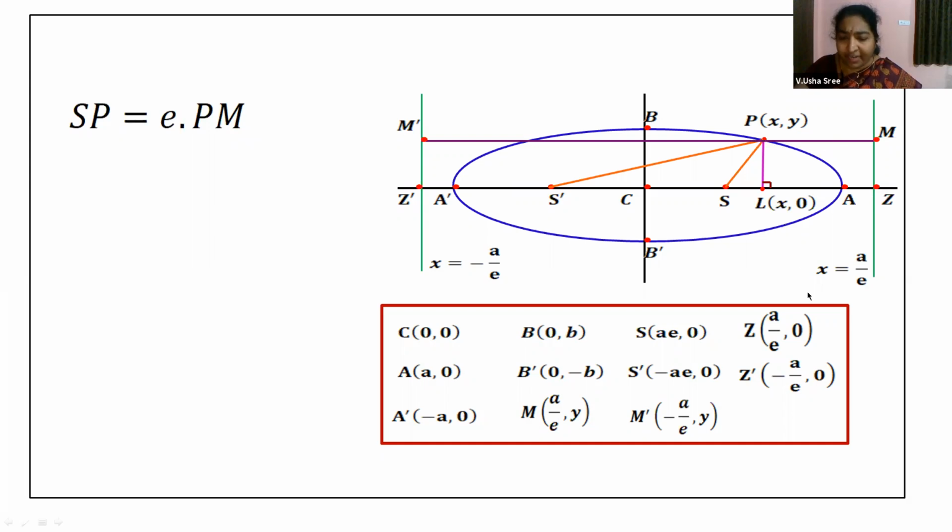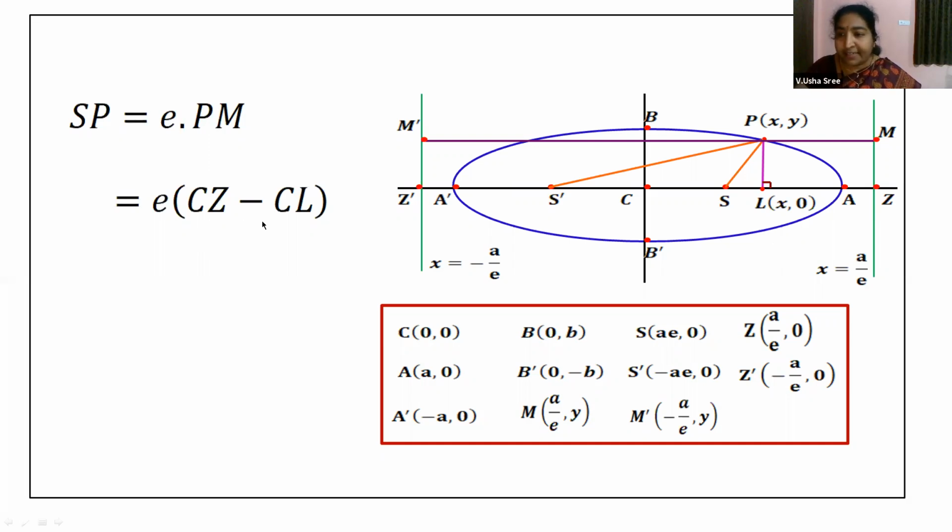Instead of LZ, we can always write it as CZ minus CL. From C to Z, you take away CL, this distance, and you will be left with LZ. That LZ is nothing but PM. So instead of PM, we are writing CZ minus CL.